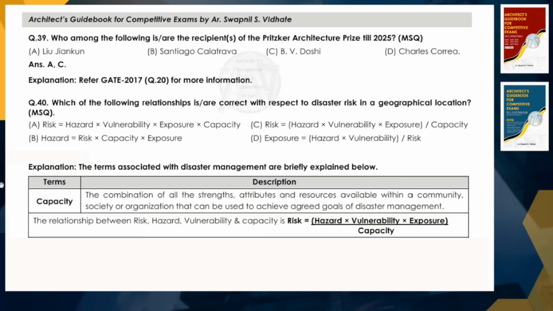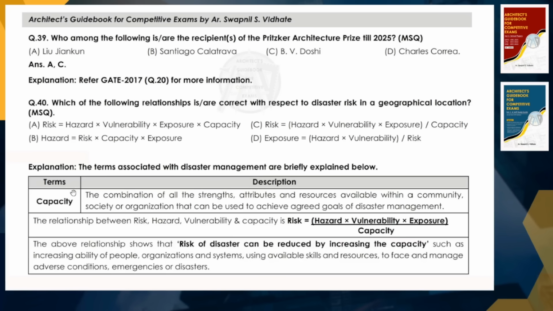The relationship is risk equal to hazard multiplied by vulnerability multiplied by exposure divided by capacity. So what does this relationship show? If you increase the capacity, which is at the denominator, obviously your risk will lower down, right? So this is the correct relationship, which is mentioned at option C.